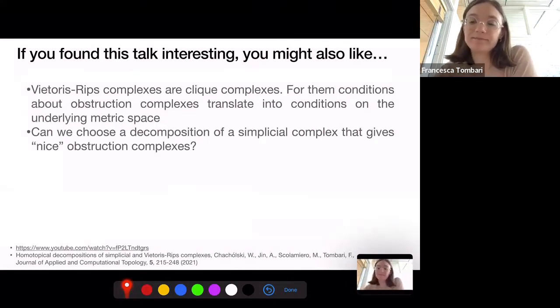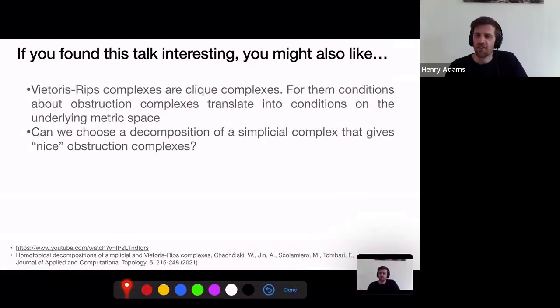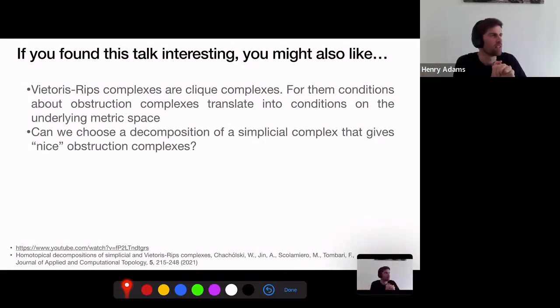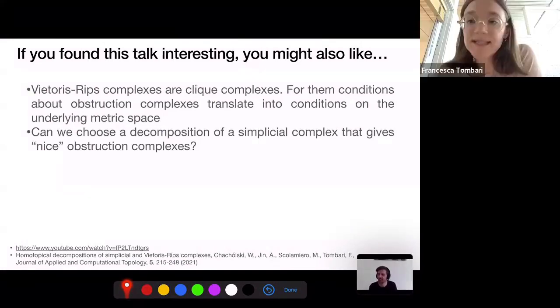Francesca, I have a question. You have a general machinery, and then you can focus on clique complexes, and then further on Vietoris-Rips complexes. Is it correct to say that maybe you don't have as many specific results for Čech complexes because they don't even fit in the clique framework, although they would fit in your general framework? Yes, exactly.